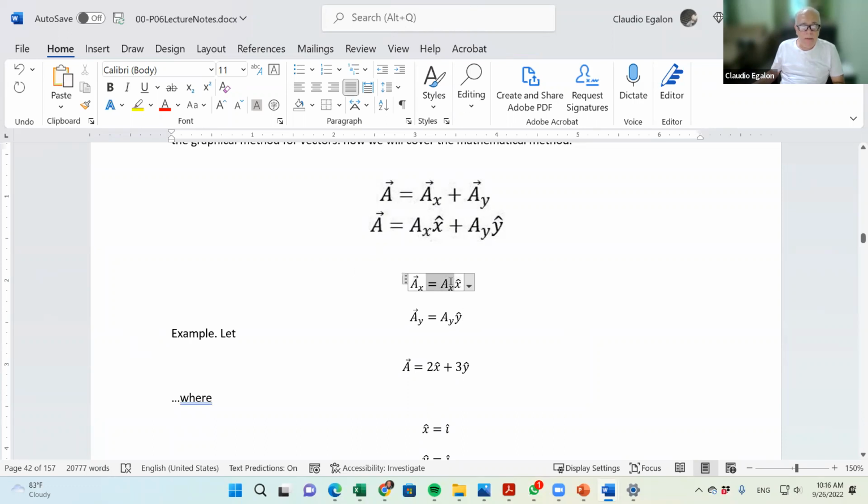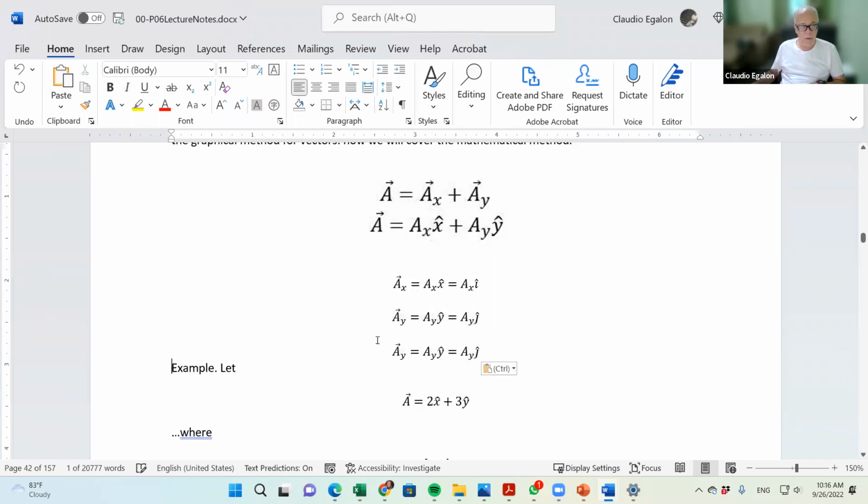Many books, like I said, especially at this level, instead of calling the vector x hat, they call it the vector I hat. So if you have x, y, z, the book calls I, j, k. And I can even do it for the z component as well, if this vector has a z component.